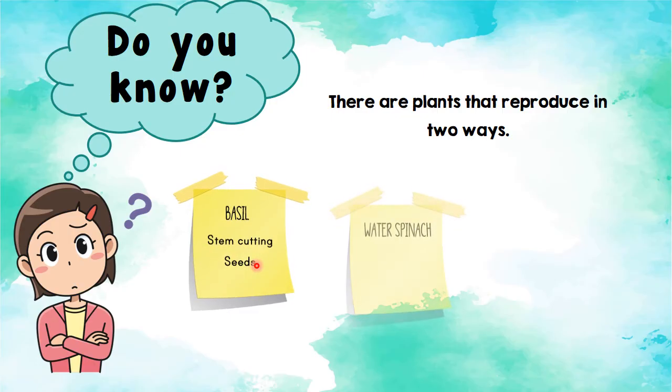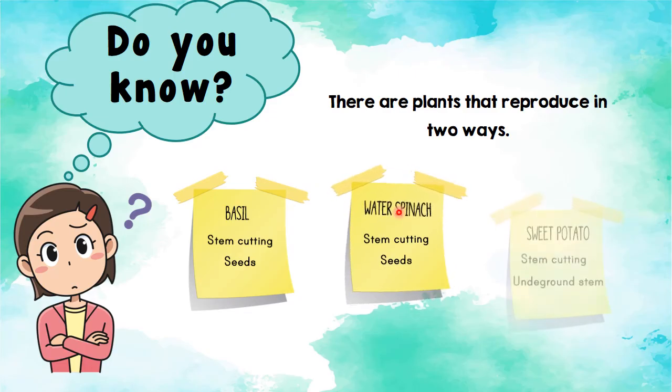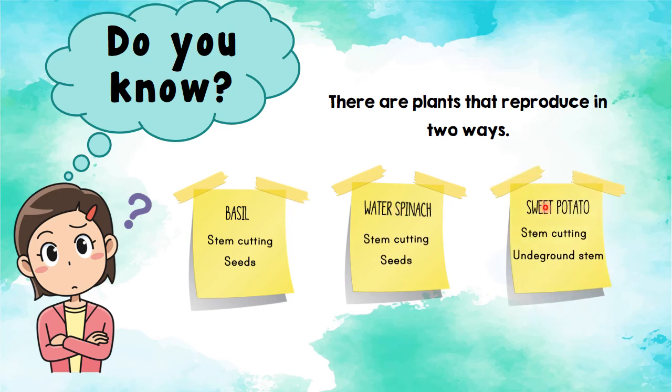Next, water spinach can be reproduced through stem cutting and also seeds. Water spinach is kangkung. Next is sweet potato. Ubi keledek can be reproduced through stem cutting and underground stem.